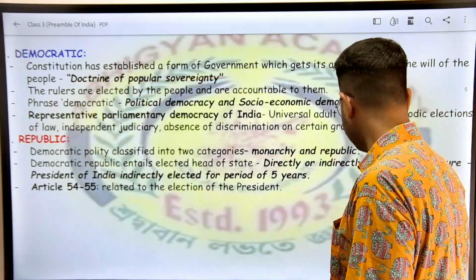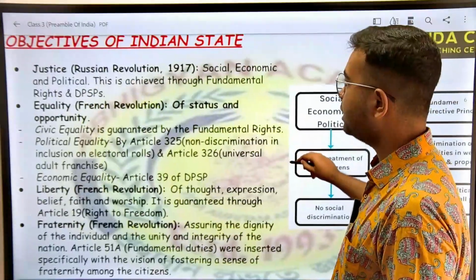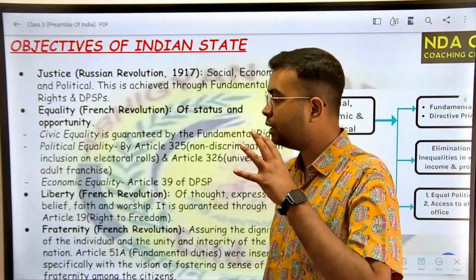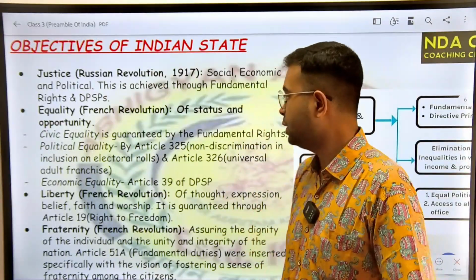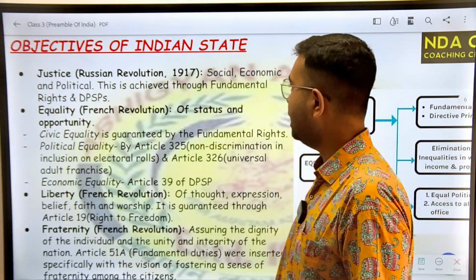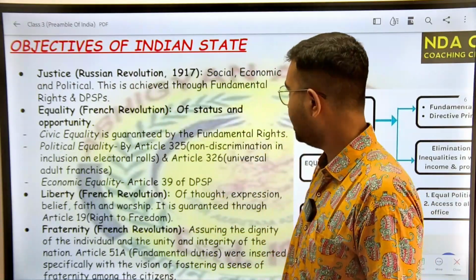So these terms, they are the nature of the state. Now let's look at objectives of the Indian state. What are the goals that the Indian Constitution wants to achieve? The first is justice. Now the idea of justice has been borrowed from the Russian Revolution. Okay.